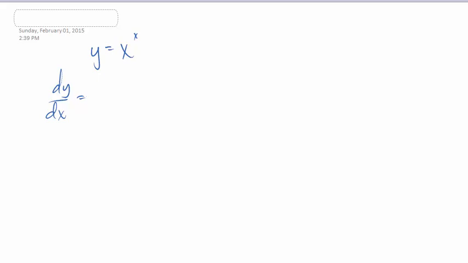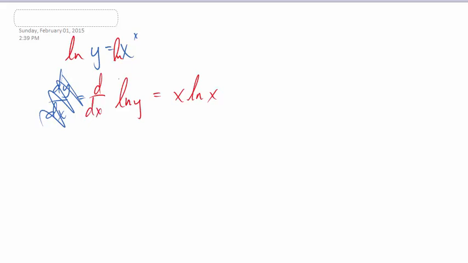Okay, well, to do this, let's forget about just getting dy/dx by itself right away. Similarly to one of the previous derivations, we're going to take the natural log of both sides. So now we have natural log y equals x natural log x. And this is what we'll take the derivative with respect to x of.